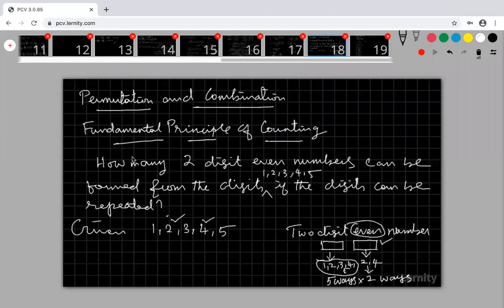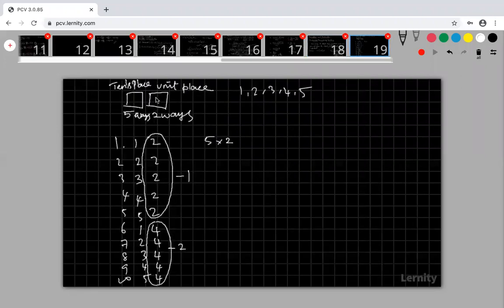It is nothing but this: if one event occurs in m ways, that is, filling one place in m ways, and another event continues with n ways, then the total number of ways is equal to m into n.